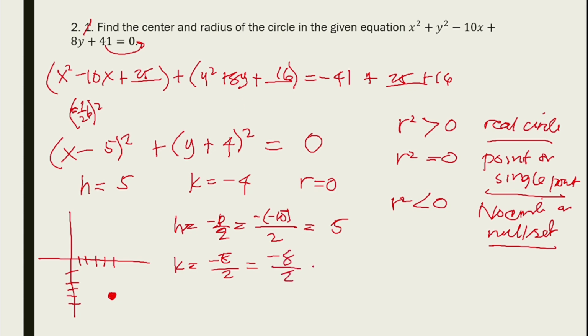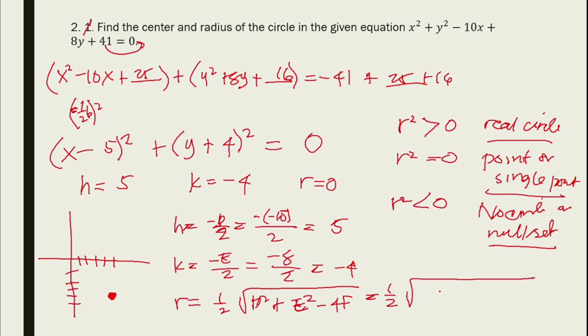And the radius is 1/2 the square root of d squared plus e squared minus 4f. If we substitute here and use the calculator, d squared is negative 10 squared, plus e squared, which is 8 squared, minus 4 times f, which is 41.